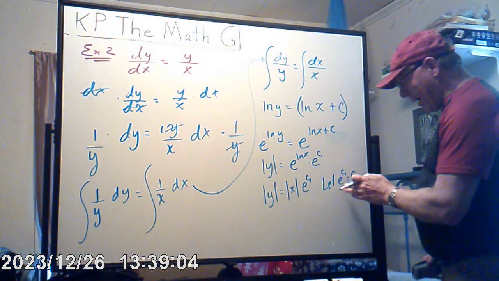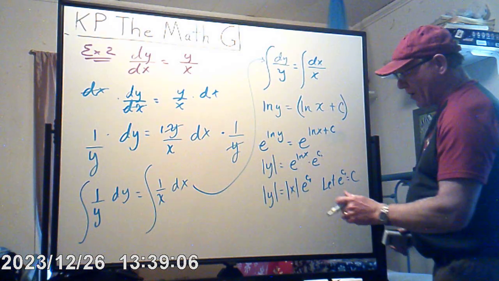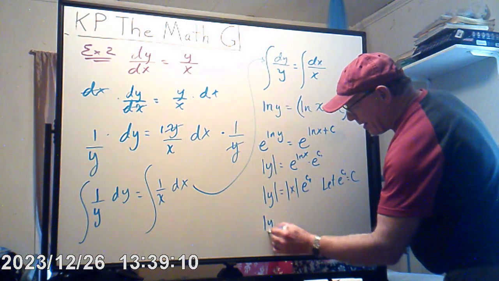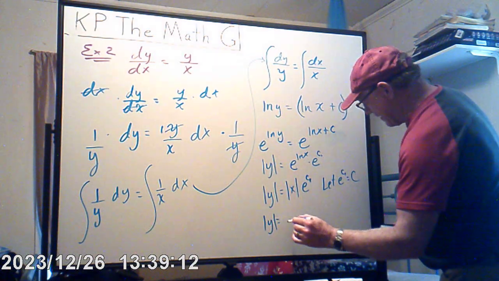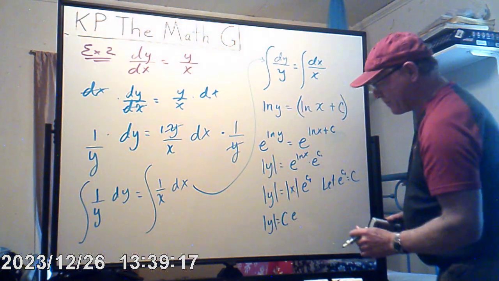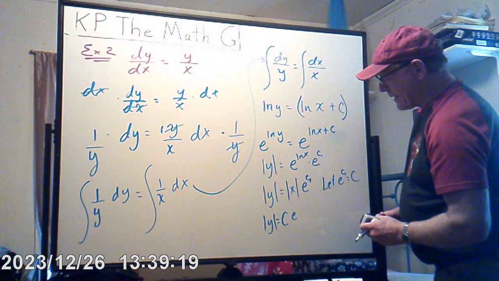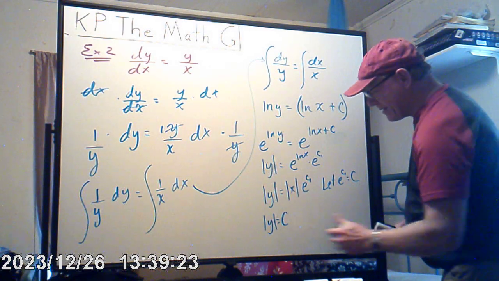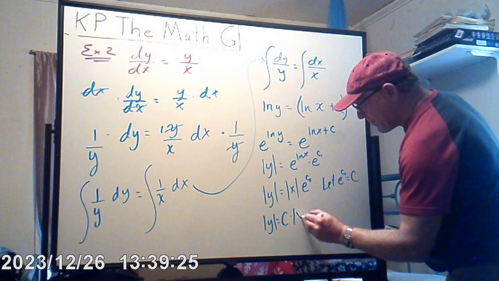And keep that in mind, that's just a number. So let's put it in front. So we have the absolute value of y is equal to c times the absolute value of x.